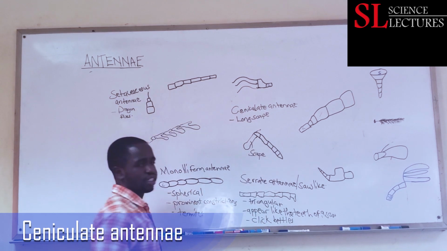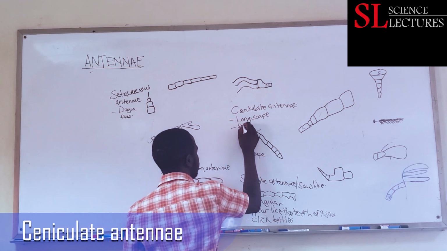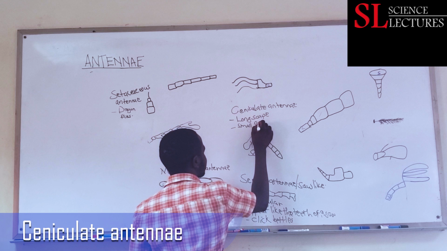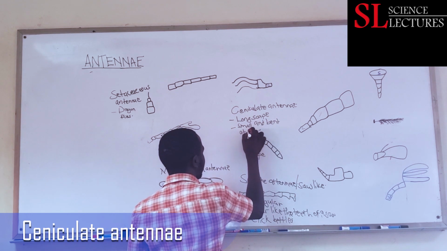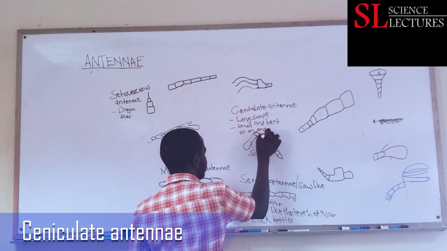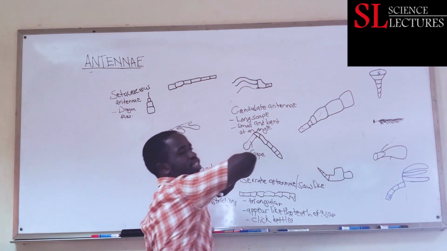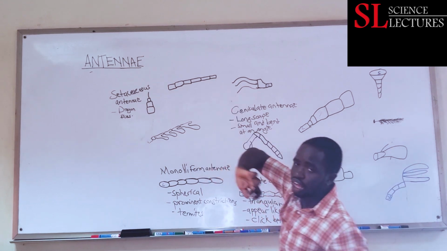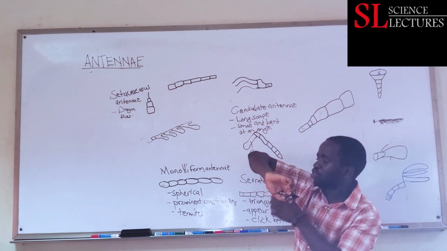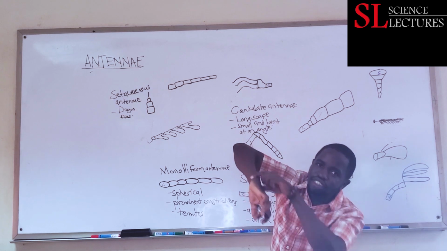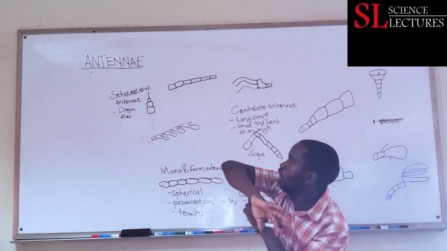However, the successive segments are small and bent at an angle, making it appear like an elbow. I can use my elbow as an illustration. This is the scape, and the successive segments are bent at an angle, but these segments are also small.